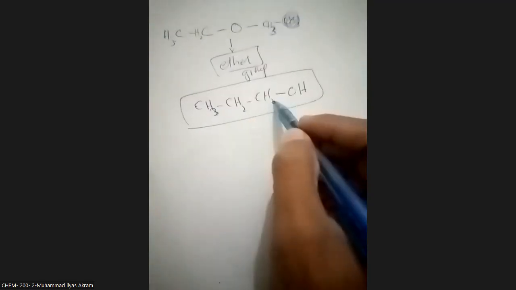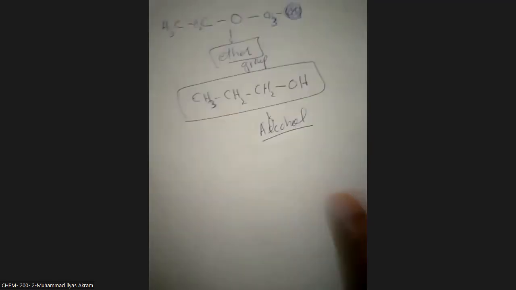So 1, 2, 3, the number of carbon atoms is 3, and 3, 2, 7, and this hydrogen 8. This is representing alcohol. So functional group isomerism says that molecules that have different functional groups but the same molecular formula are called functional group isomers.